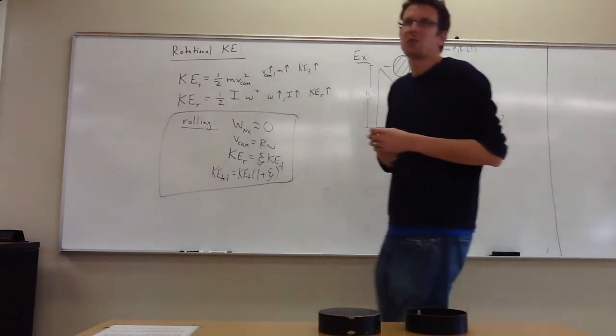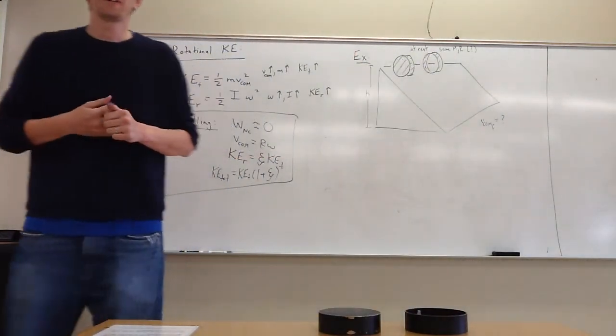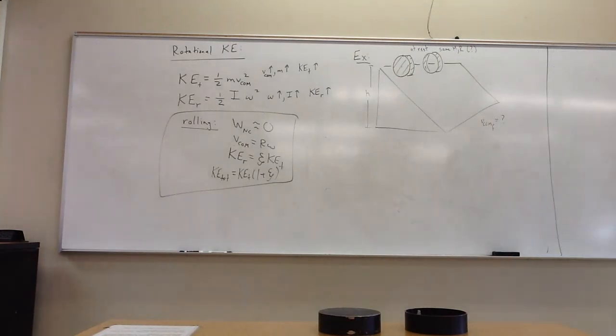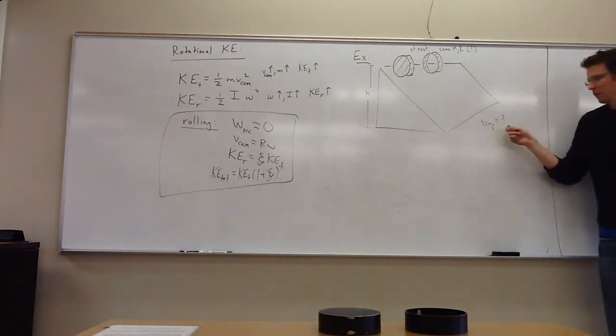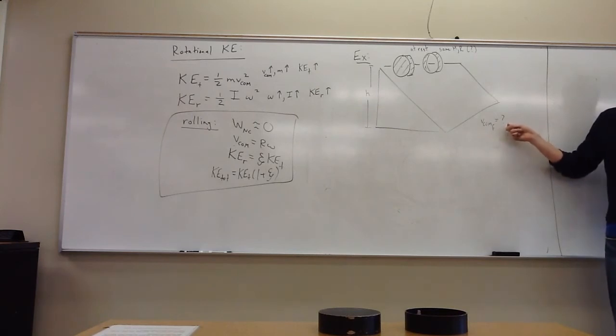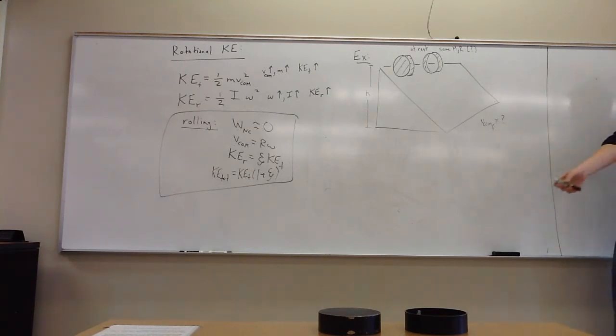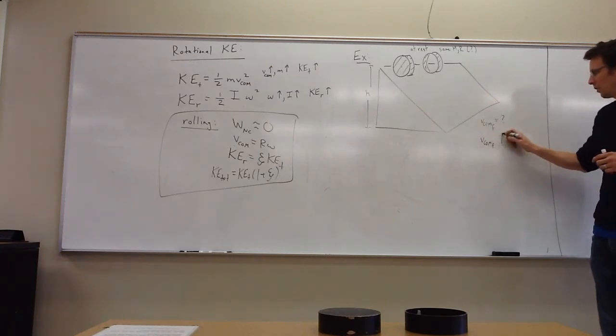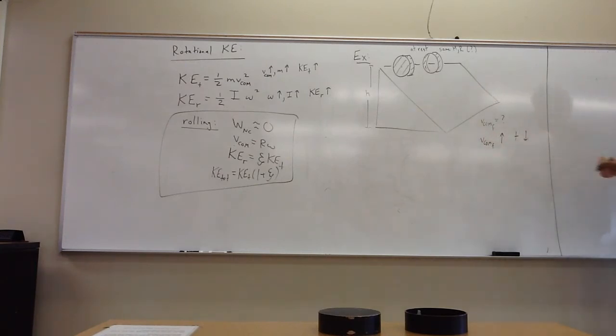Now, that of course only tells me who got there going faster, not necessarily who got there in less time, but in this case, one implies the other. Because if you got here going faster, that means you also had a larger acceleration, right? If you had a larger acceleration, you also got there in less time. So if v com is larger, that also tells me that the t was shorter.